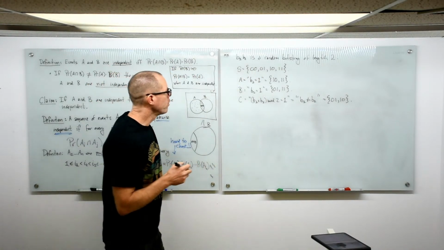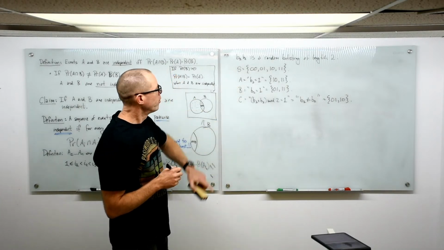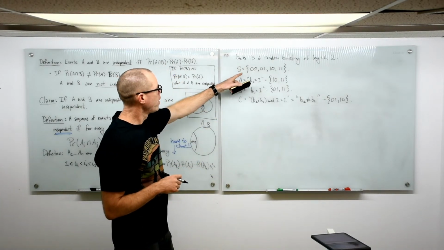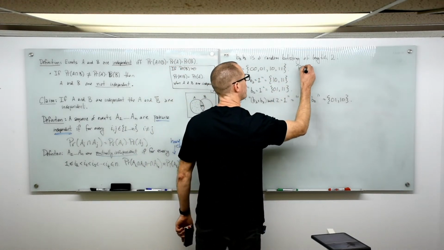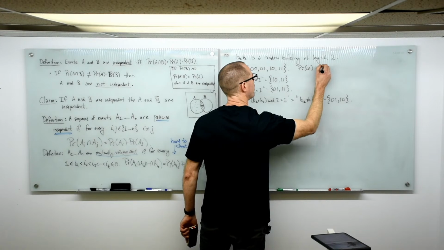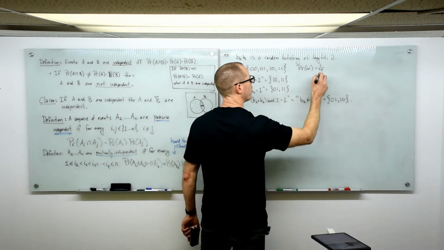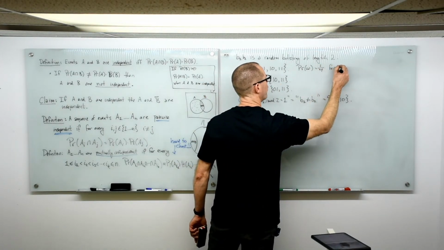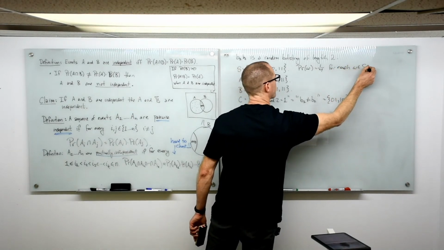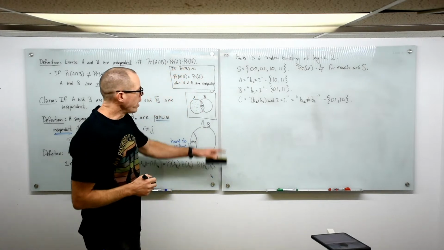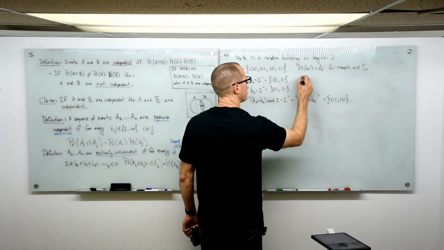And I should just quickly mention, when we say random bit string of length 2, that tells us this is the universe of possible outcomes, and each one is equally likely. So it happens with probability 1 over 4 for each omega in S. All right, so we can compute all these probabilities.